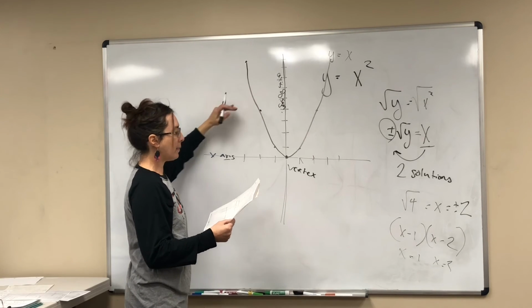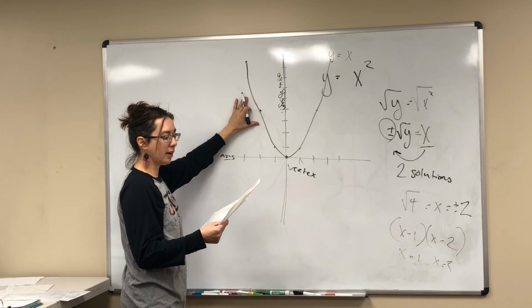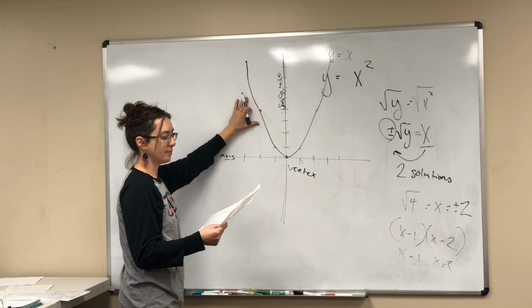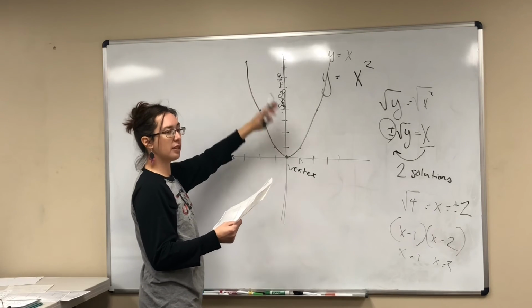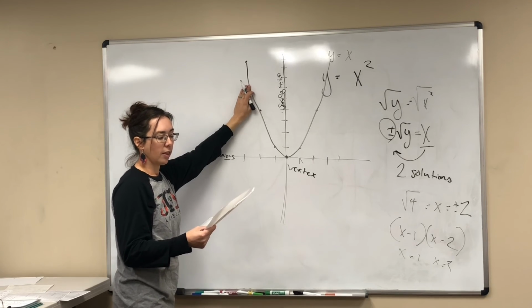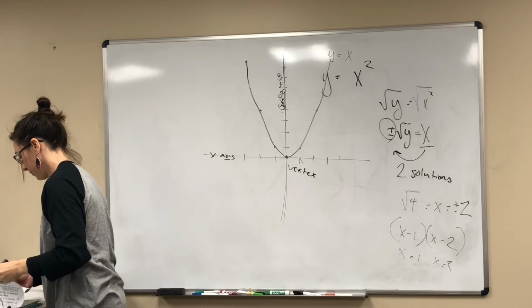Where it says parabola, we're under definitions. A parabola is the shape of the graph of a quadratic function. And it's specifically a U-shape.